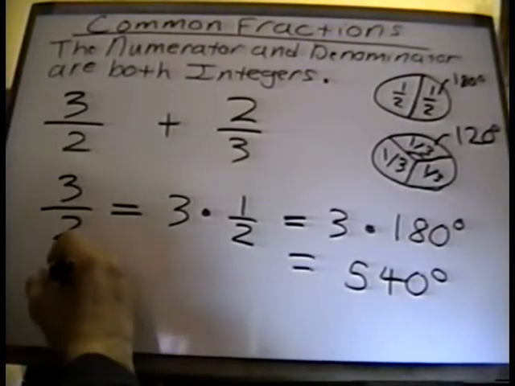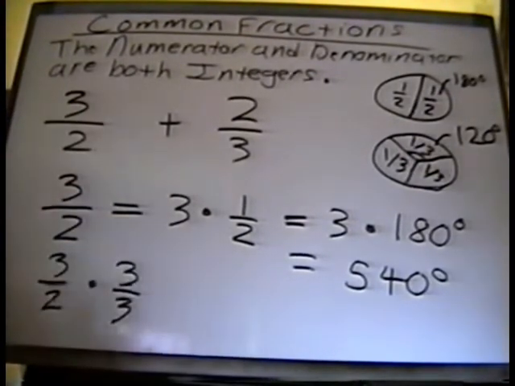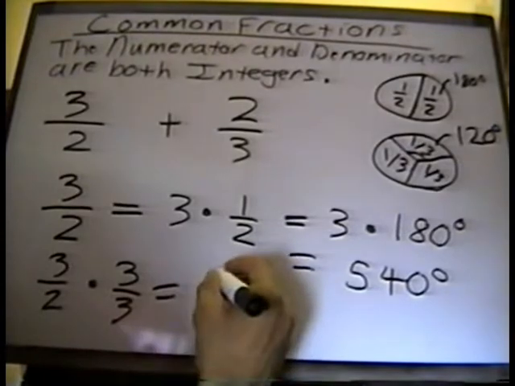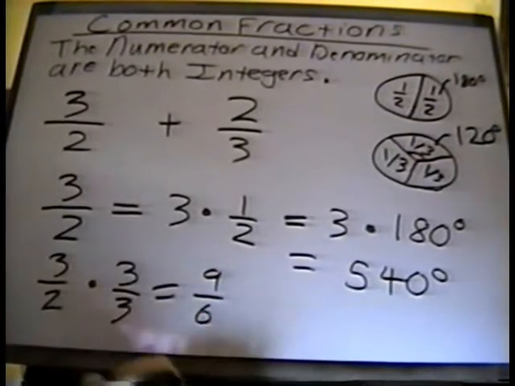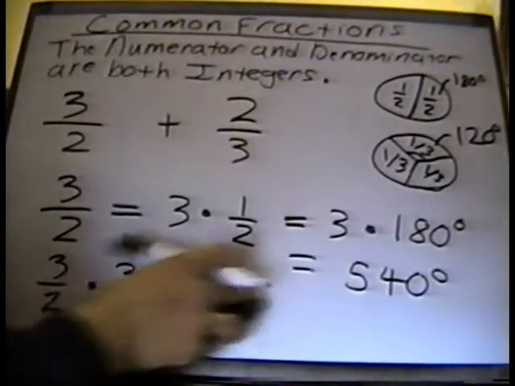Now, remember we took 3 halves and multiplied it by 1, or 3 over 3, to get 9 over 6. Okay? Now let's look at this number 9 over 6.